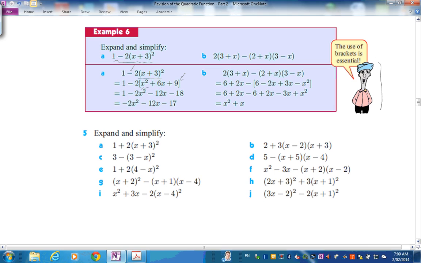Okay, there it is. First term squared, twice the product, second term squared. And then multiplying through by -2, -2x squared, -12x, and -18. Okay, so if we then put the terms in order, -2x squared, take 12x, -18, but this is a plus 1 here, so it's -17.